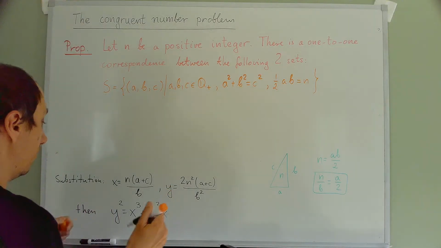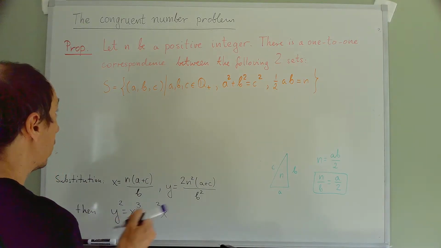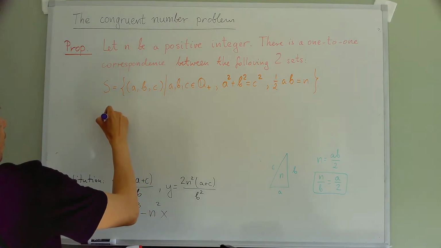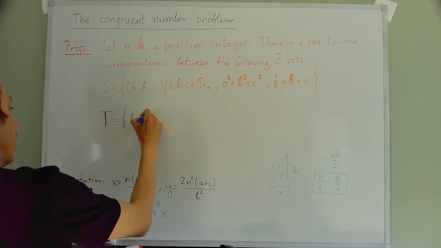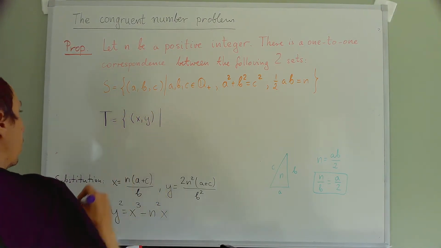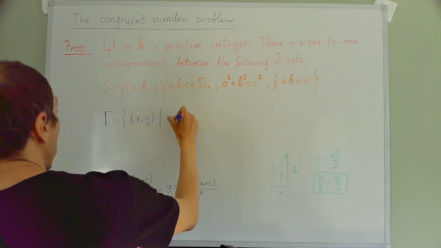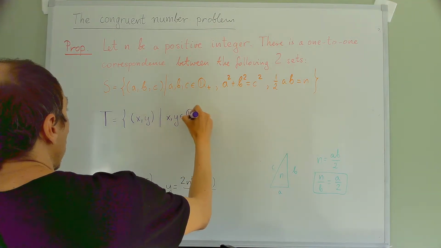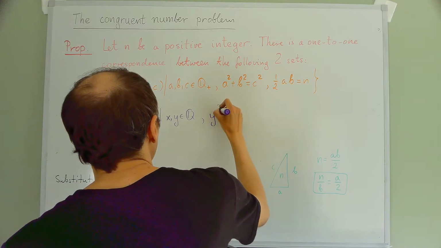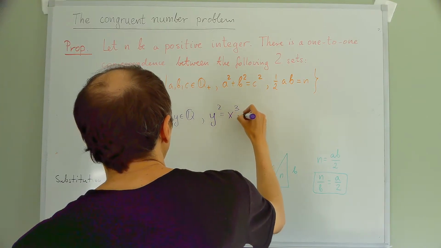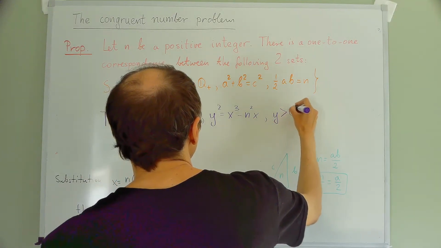And then we have the set T, which are these points x, comma y, and they are also rational, and y squared is equal to x cubed minus n squared x, and y is positive.